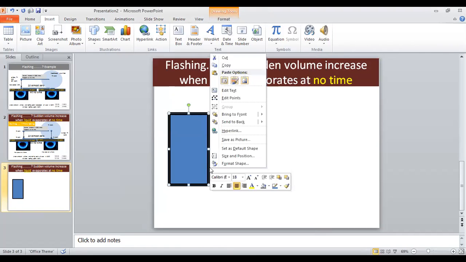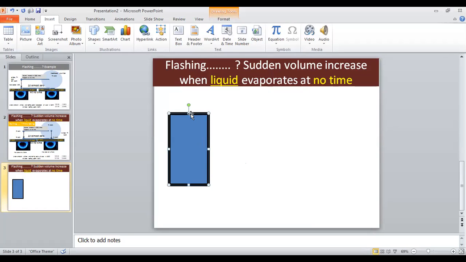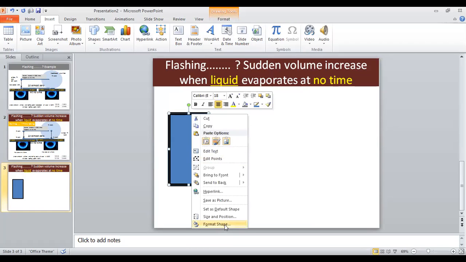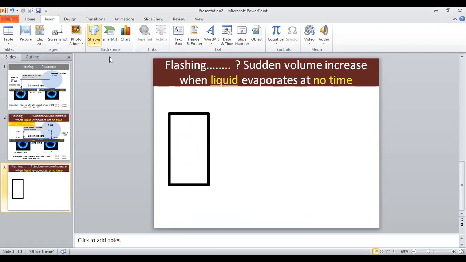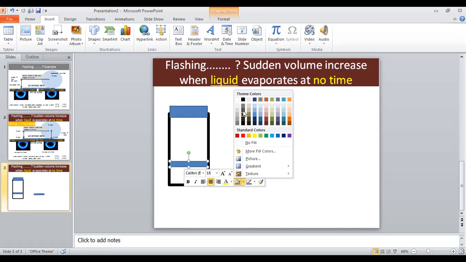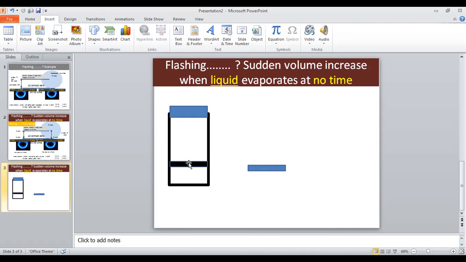This is good. Let's say in the cylinder, a piston.